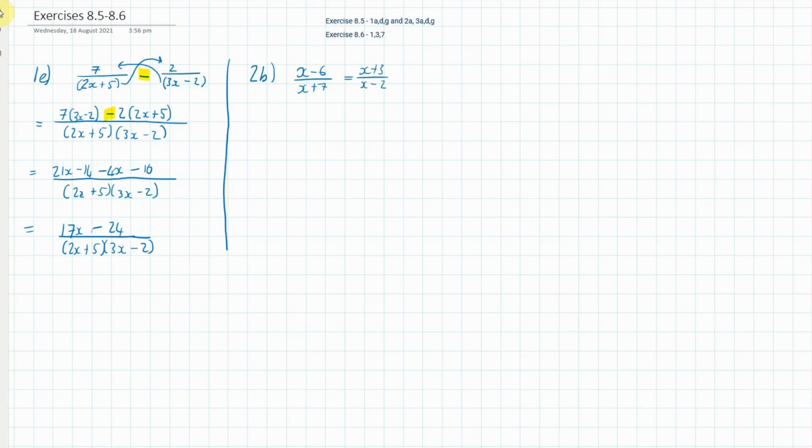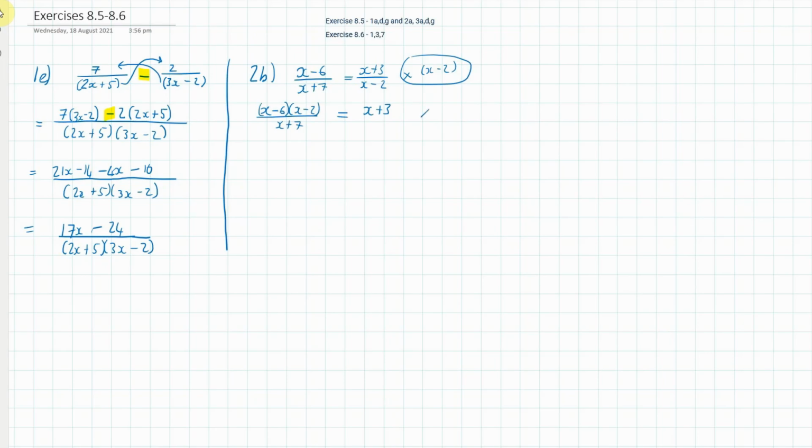Now, if I multiply both sides by x minus 2, that's my first step. What you'll find is in my next line I'll have x minus 6 bracket, and then I've got to times that whole thing by the x minus 2, and that will all be over x plus 7. So that's the left hand side, but you'll notice on the right hand side that if I times that side by x minus 2, I'll end up with x plus 3, because the x minus 2 that I'm multiplying will cancel out the denominator of x minus 2.